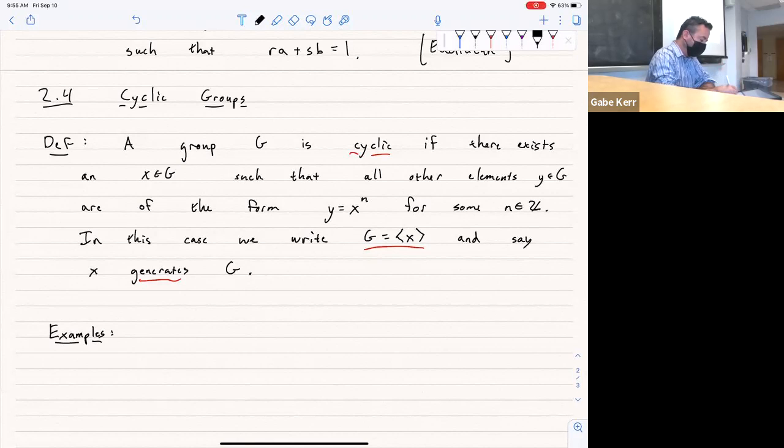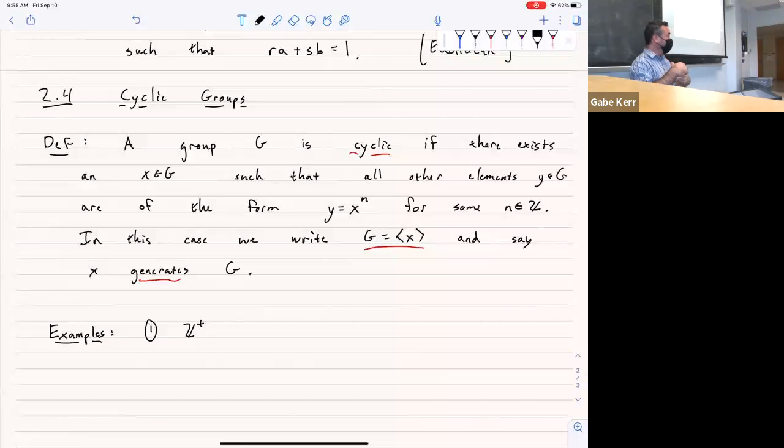The one example: Z with addition. What is a generator for Z with addition? One is a generator, right? If I use the operation of addition on just 1, I'll get everything else. 1 plus 1 is 2, 1 plus 1 plus 1 is 3.